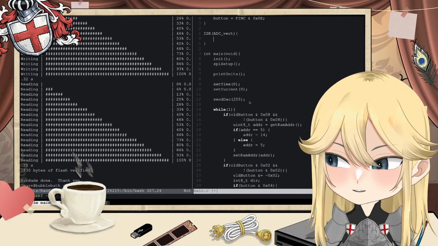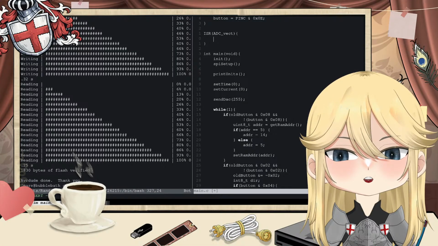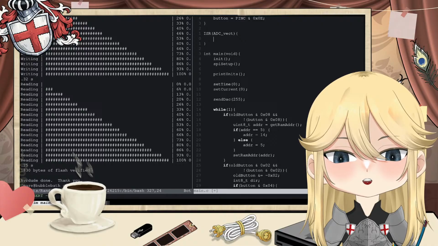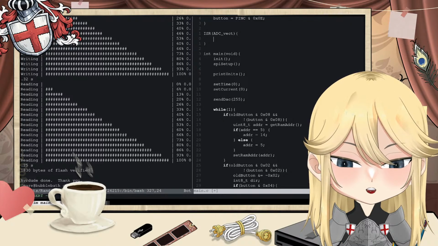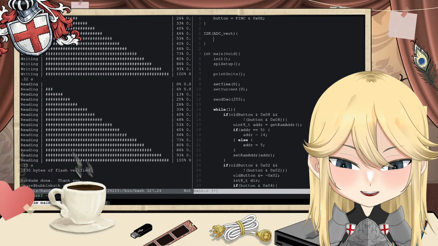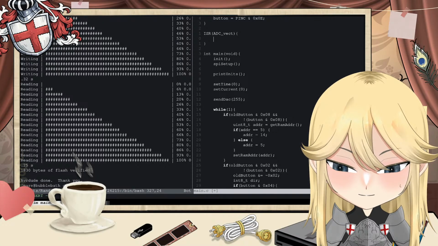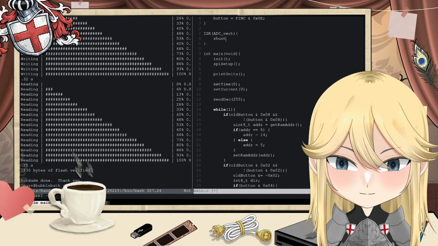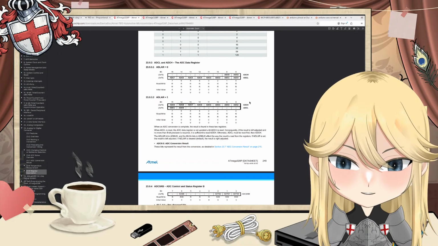So. Oh my god, how do I set this for? I think I need to barrel shift this. Okay. What did I call it? Shunt equals ADCH, right?